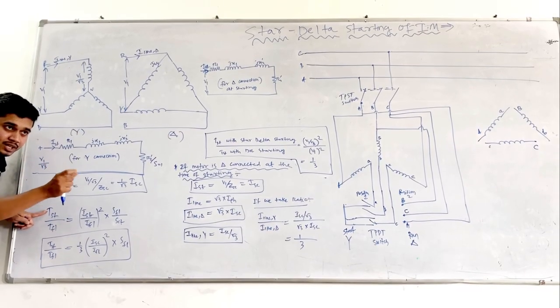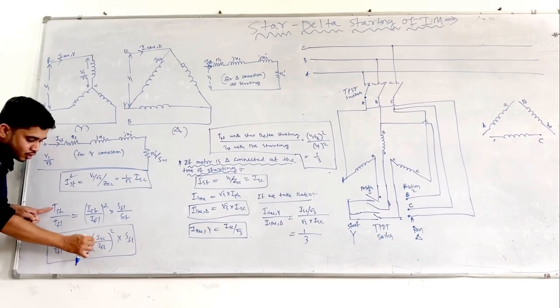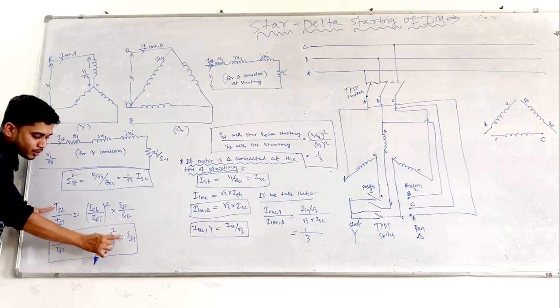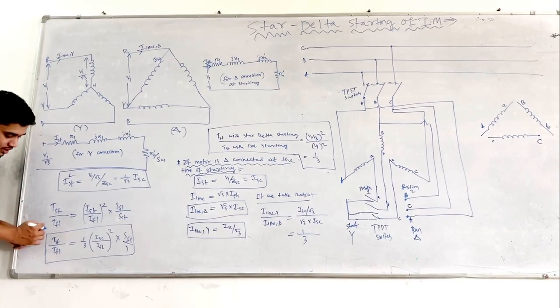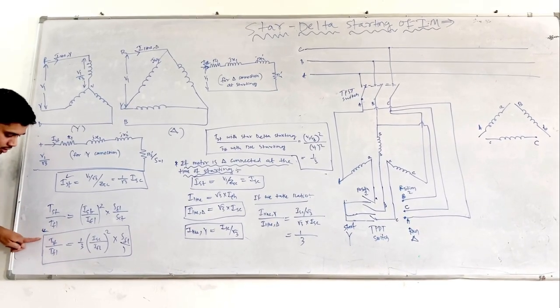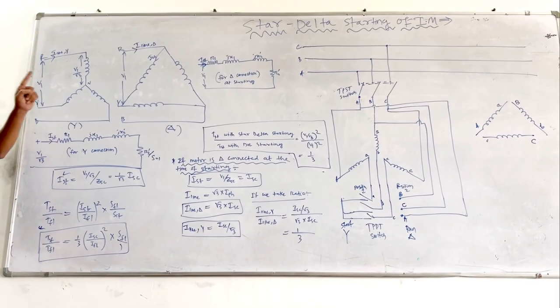That 1 by root 3 whole square is 1 by 3, which I can take out. So the new formula is 1 by 3 into ISC by IFL whole square into SFL divided by 1. Understood? So this is the formula for starting torque to full load torque in case of a star delta starter.